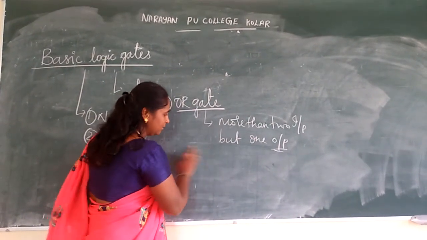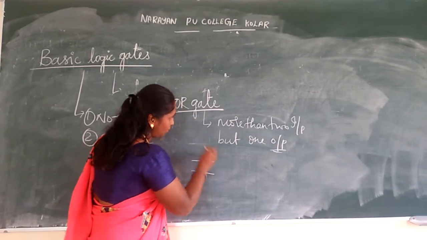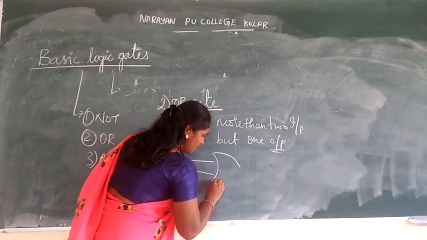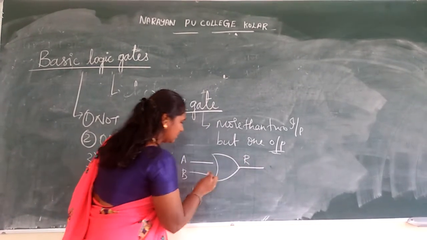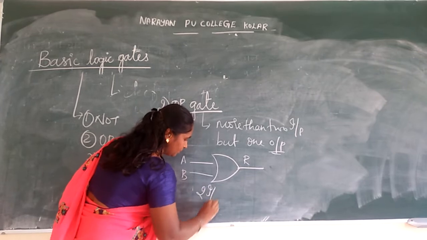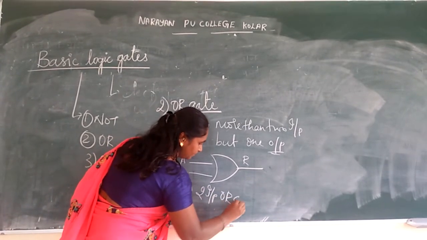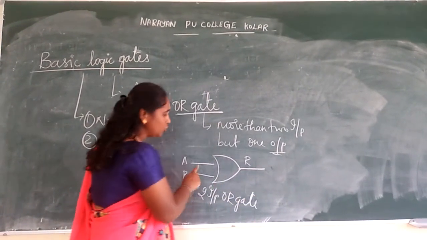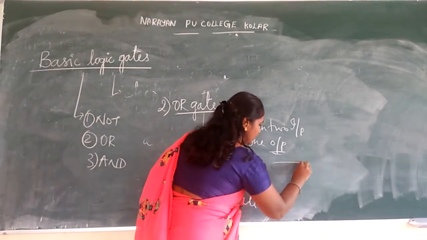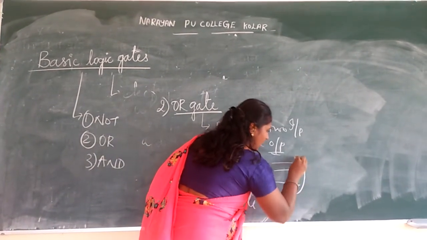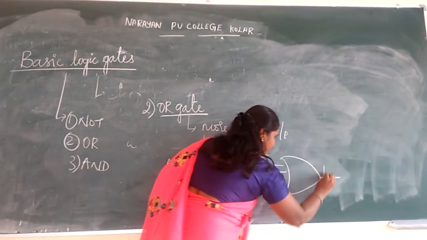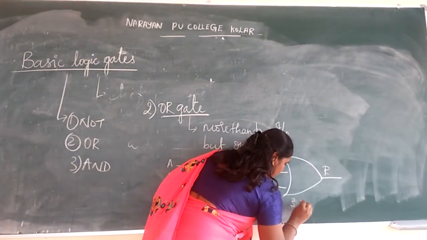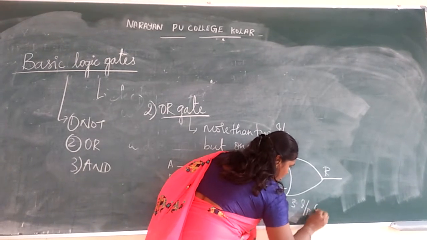The symbol of the OR gate is this: this is the two input OR gate. Next, this is the three input OR gate.